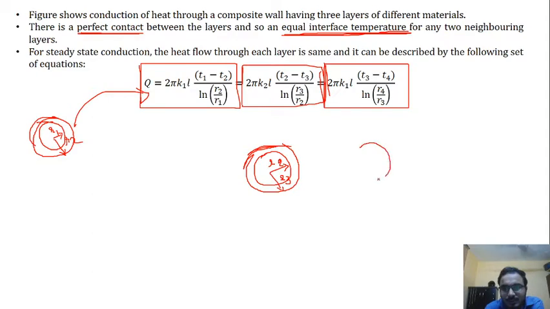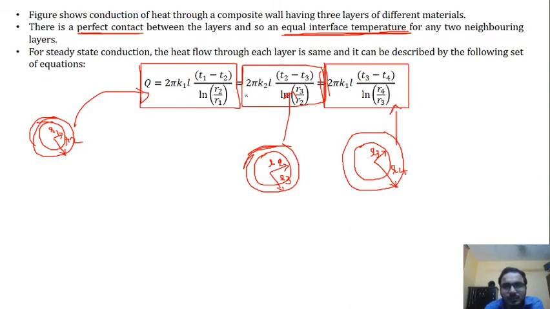Then for the outermost layer, we are having the inner radius as R3 and outer radius as R4. So this figure is applicable for this, and the last figure is applicable for this.